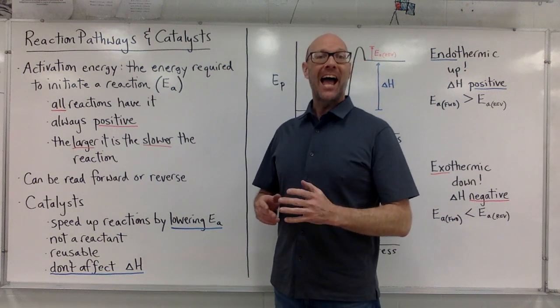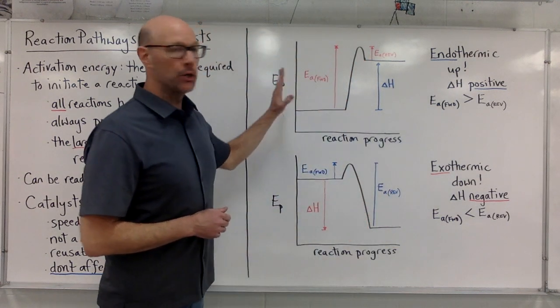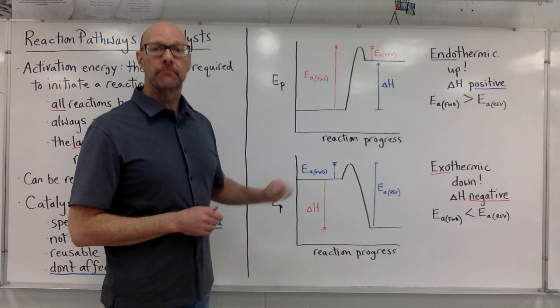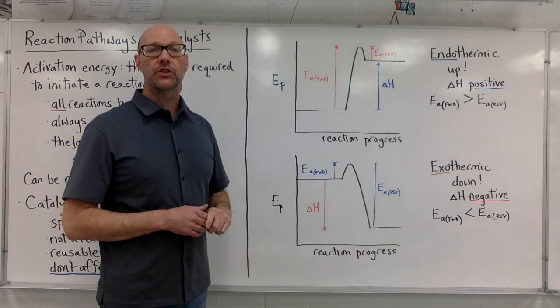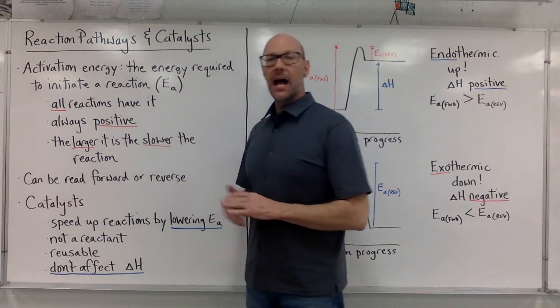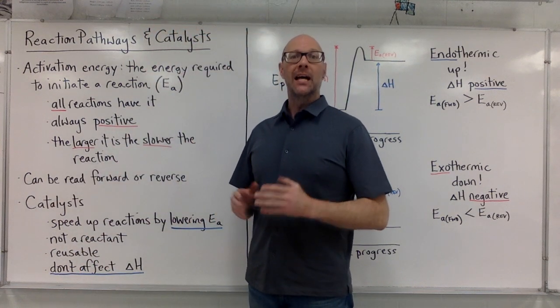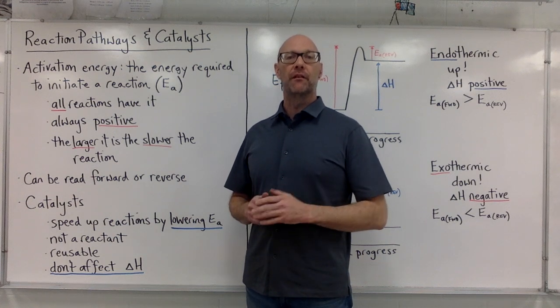All reactions have this activation energy. Endothermic reactions have it. Exothermic reactions also have an activation energy. All reactions have it. The activation energy, moreover, is always a positive value.